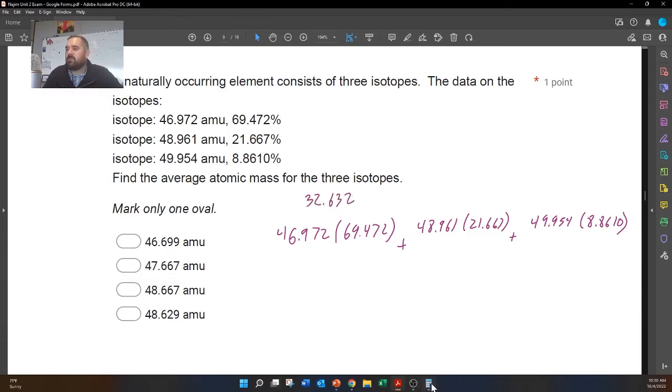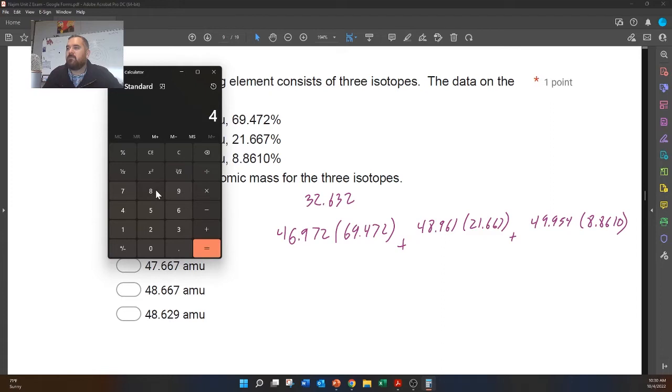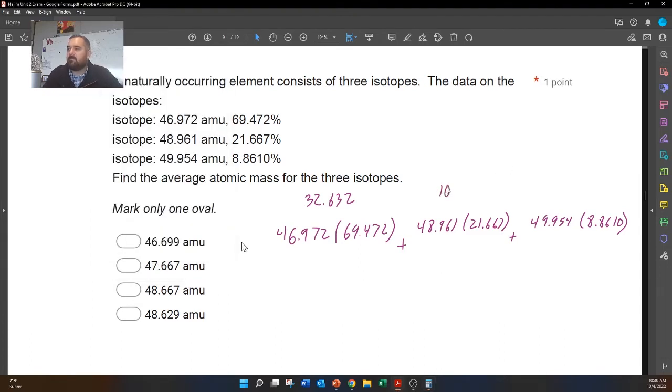Then we'll plug the next one in. 48.961 times 21.667. Divide by 100. And that gives us 10.608.